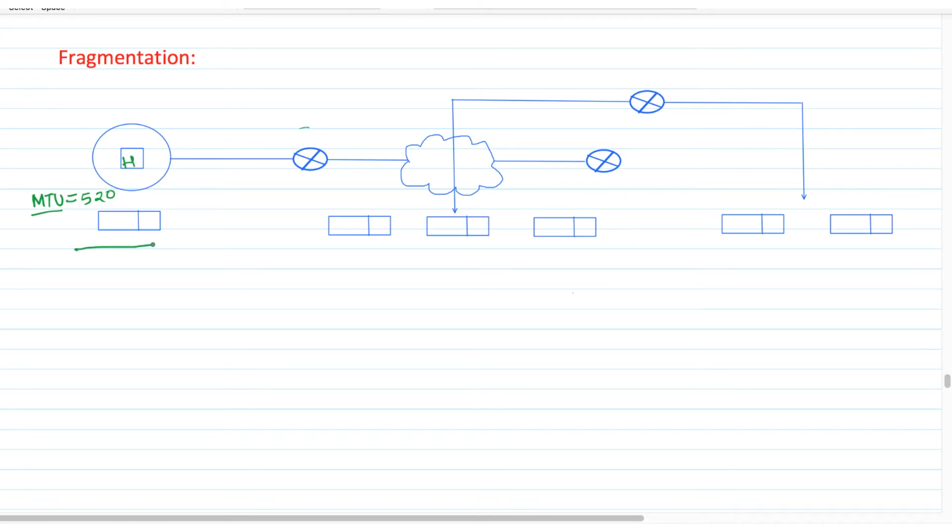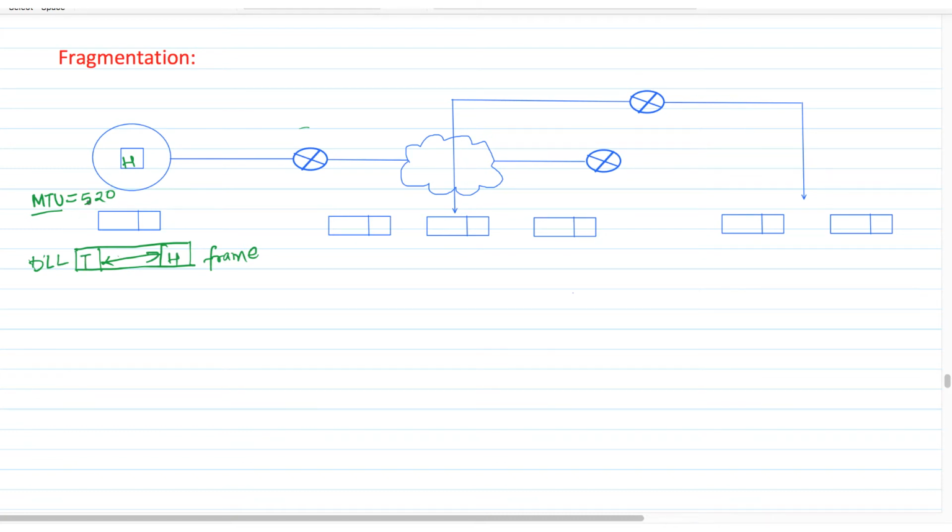Suppose we have a frame. Here MTU represents the maximum amount of data, this data part only, that can fit in this data link layer frame. This is the header, this is the trailer, and this is the data.